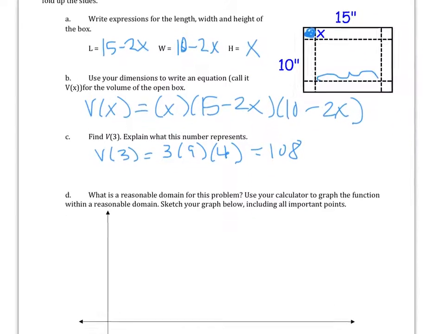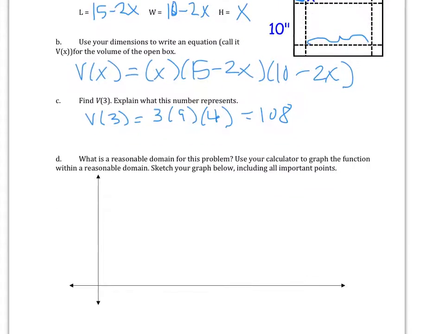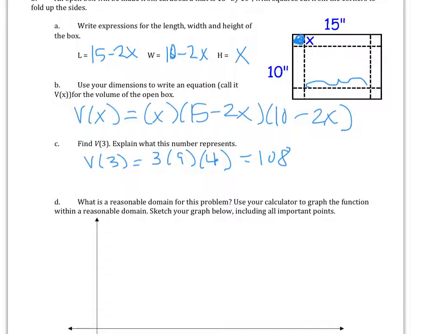All right, so what is a reasonable domain for this problem? And then use your calculator to graph the function. Well, just by logic, our reasonable domain is anything that's going to make this still be a box. If I make x too big, eventually there's going to be no side of the box. So we're going to look at the most restrictive side.